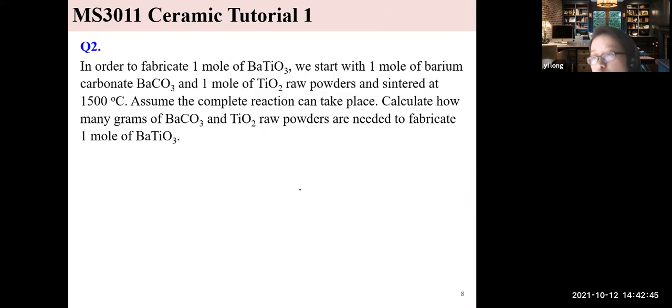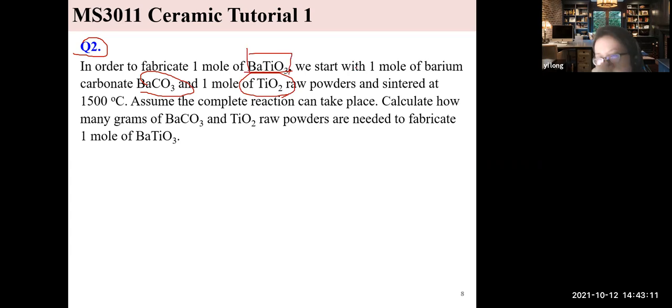Okay, so let's continue. Question 2 and question 3, although I never explained them in the class, are actually very important because this is the first step you take when you go to the lab for your FYP. For example, question 2 is the easiest one. It just asks you to get 1 mole of barium titanate. These are the raw, starting powders, and this one is the end product.